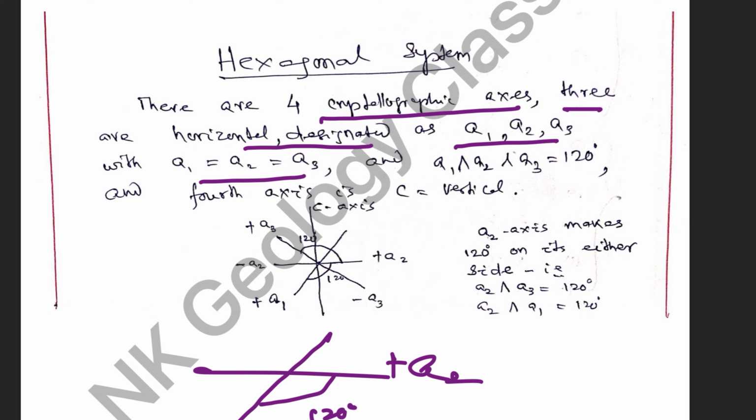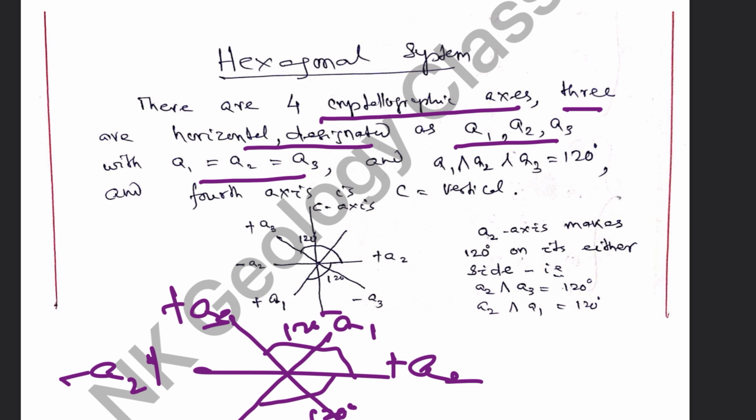This is A1 positive end. Then 120 degrees, another. This is A3 positive end. This is A3 negative end. This is A1 negative end. This is A2 negative end.